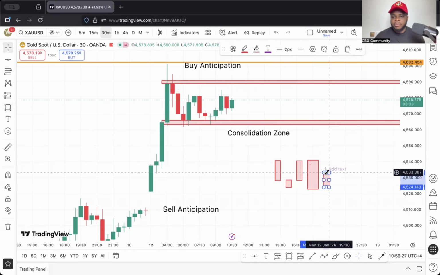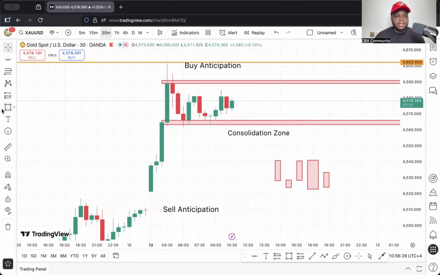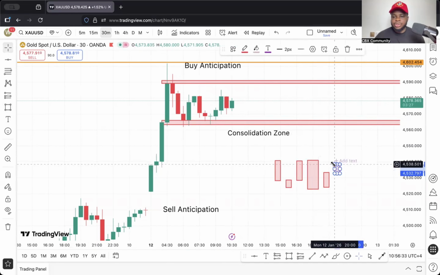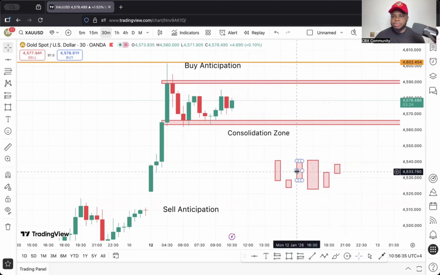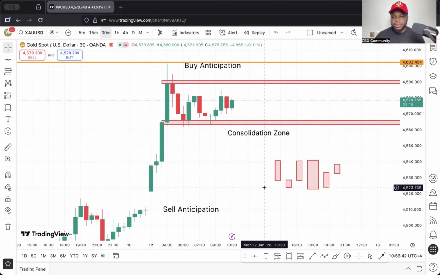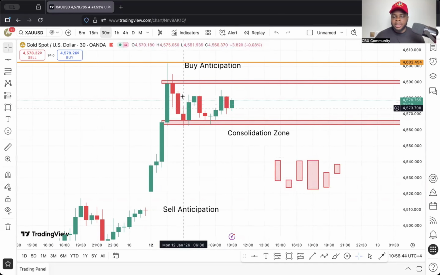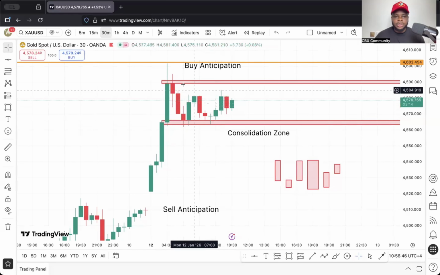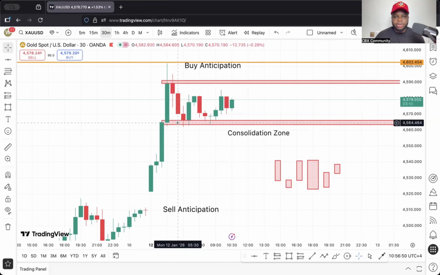So the moment you have formation of candles like this, this zone can be considered a consolidation zone because of how the candles are printing side by side. You can consider here to be a resistance and here to be a support. So this zone is our resistance zone, while this zone is our support zone. From this resistance zone down to this support zone is considered a consolidation zone.